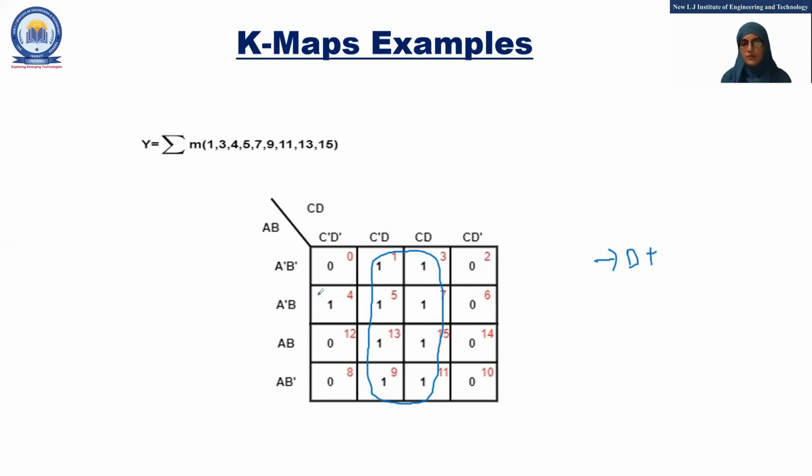So here we can see that we can make pair. So answer of this pair is A prime, B and C prime. Same in this and same term in these two terms. So answer will be A prime, B, C prime. So final answer will be D plus A prime, B, C prime.